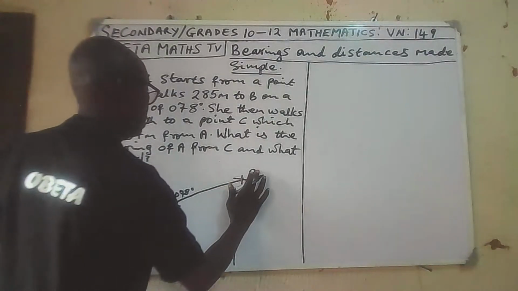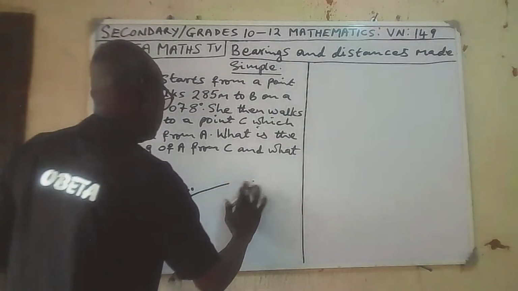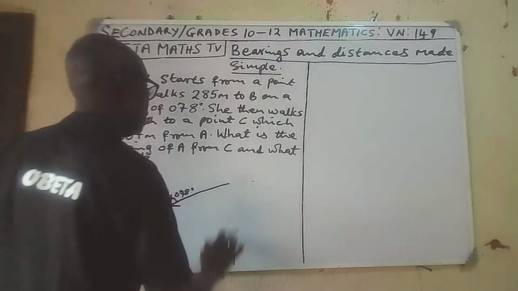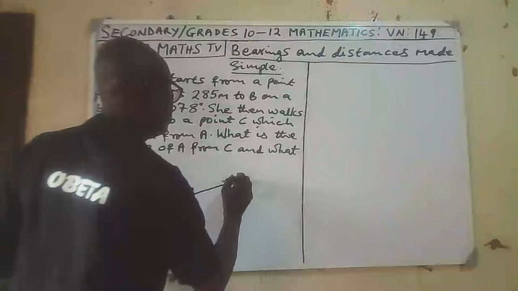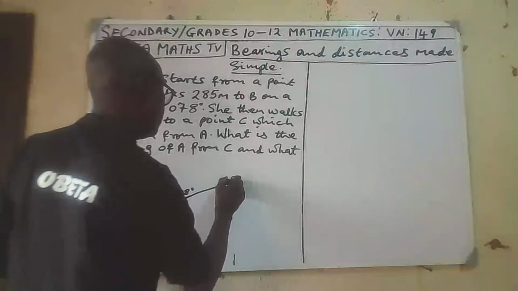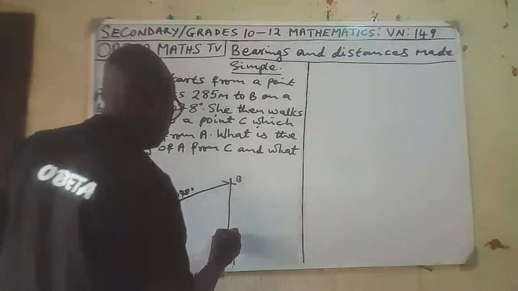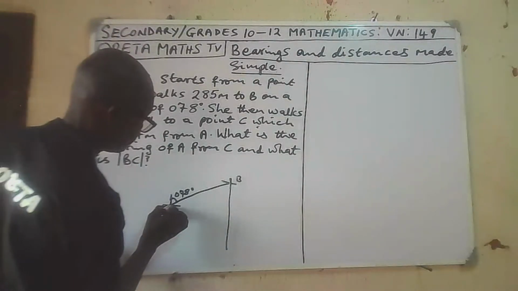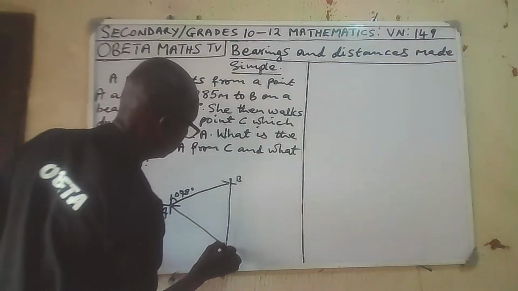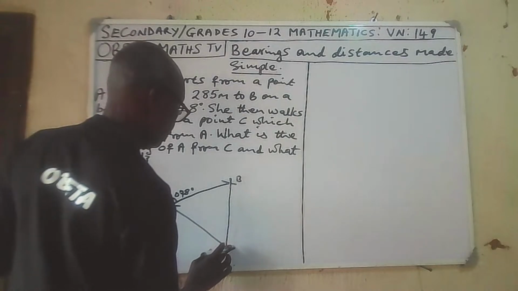Let me reduce this. Let me take this to be my B, and then due south, let's take that this is the point.